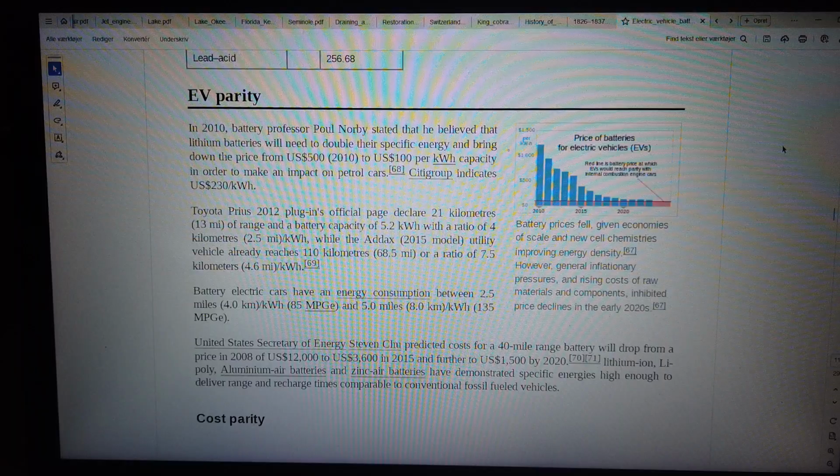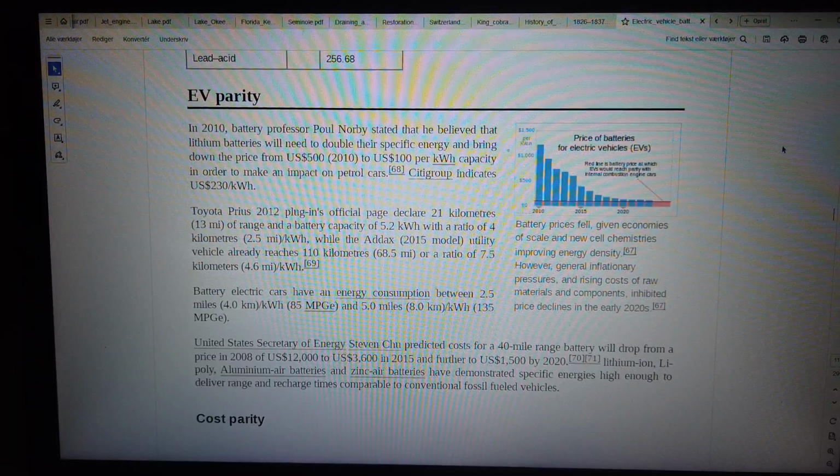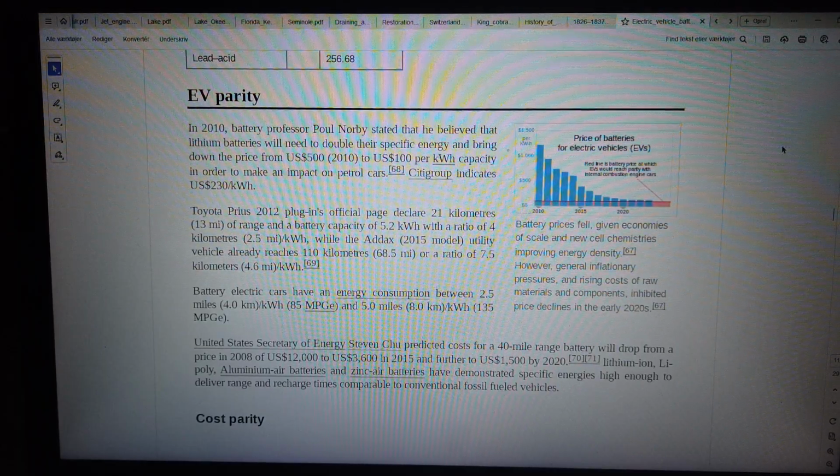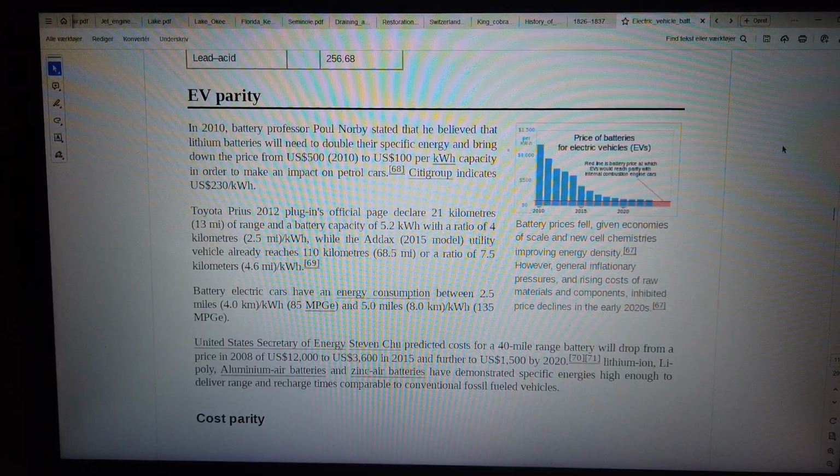Battery electric cars have an energy consumption between 2.5 miles, 4.0 kilometers, per kilowatt-hour, 85 mpge, and 5.0 miles, 8.0 kilometers, per kilowatt-hour, 135 mpge.